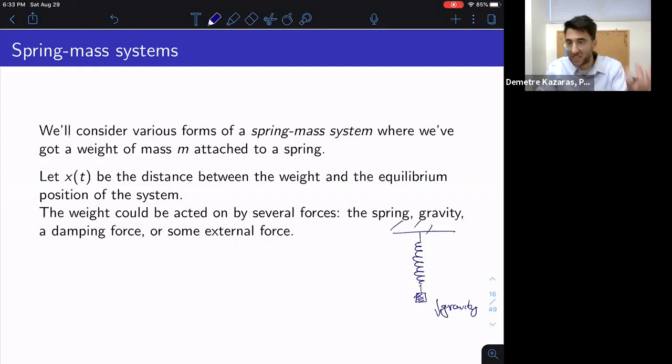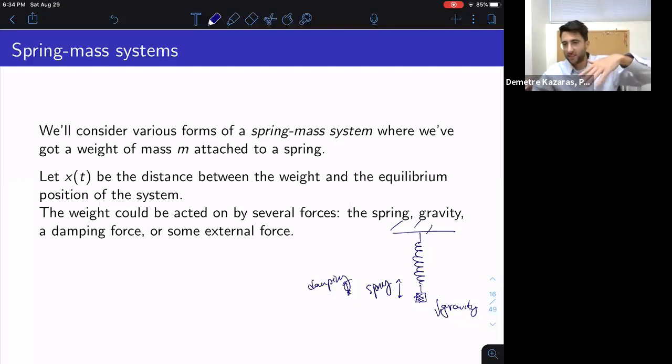So, if you pulled it down, then the spring is acting on it in an upwards way. And then you could imagine there's also a damping force acting on it, from resistance of air.